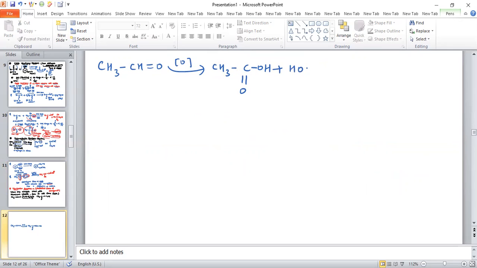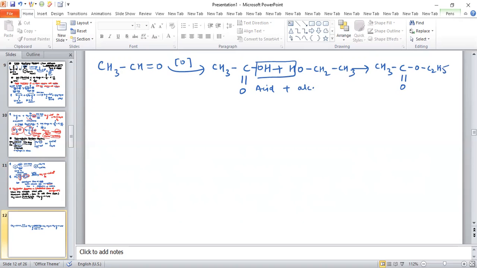So this is OH and CH2CH3. Water is removed, because acid and alcohol react to form an ester. So the ester will be obtained as a product like this: CH3C double bond O and O, C2H5. In this way the ester product is obtained.